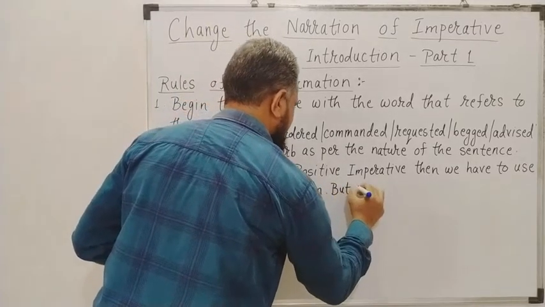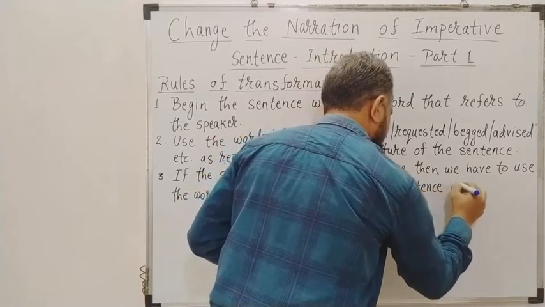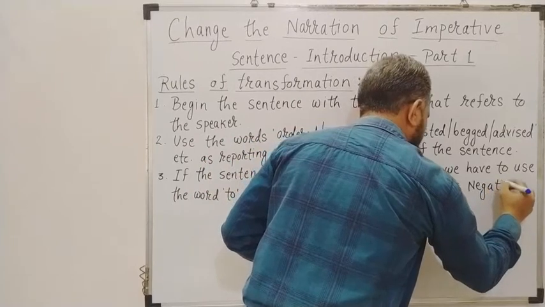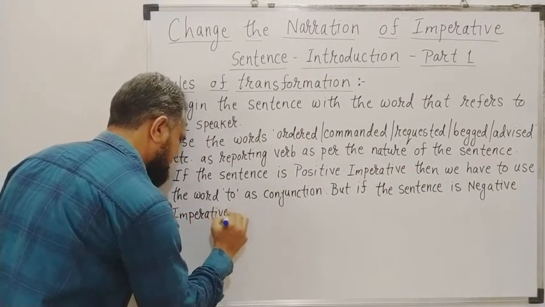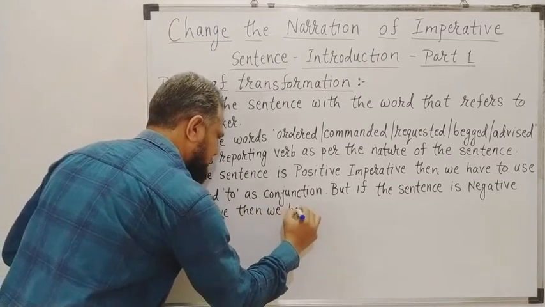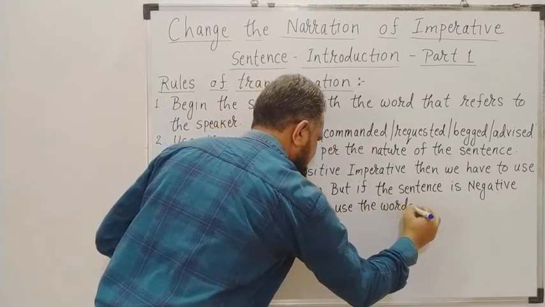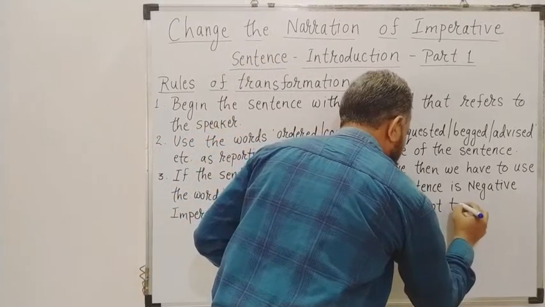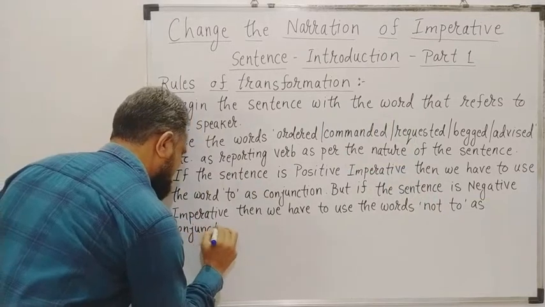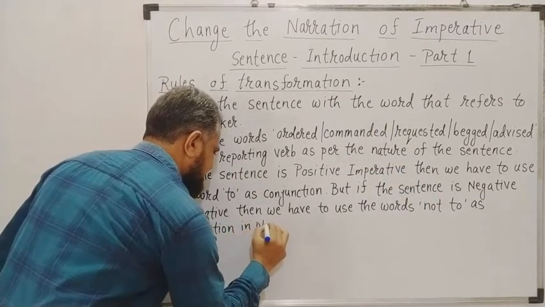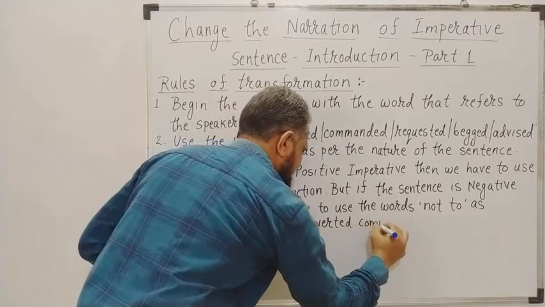But if the sentence is negative imperative, then we have to use the words not to as conjunction in place of inverted commas.